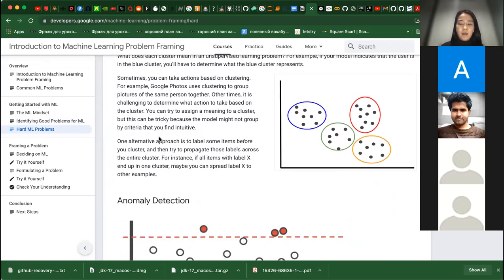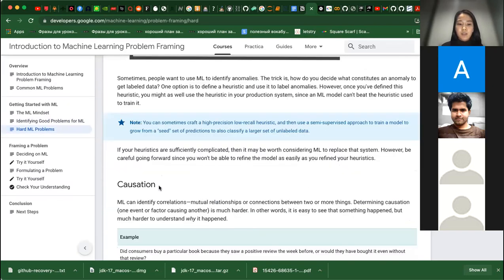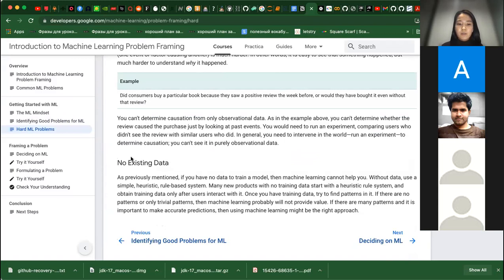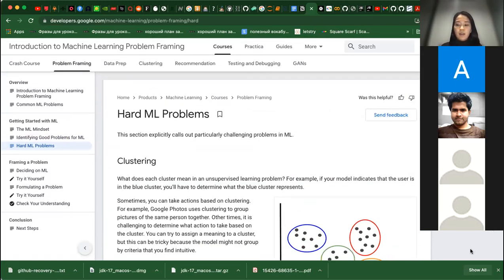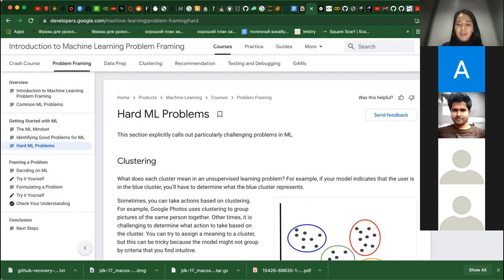What can be a problem? Anomaly detection, causation, and no existing data. Don't be afraid to just share your opinion, any ideas, casually.